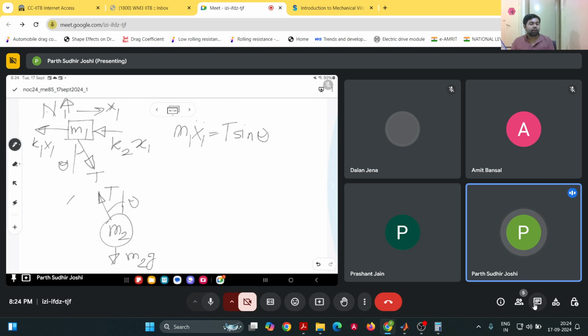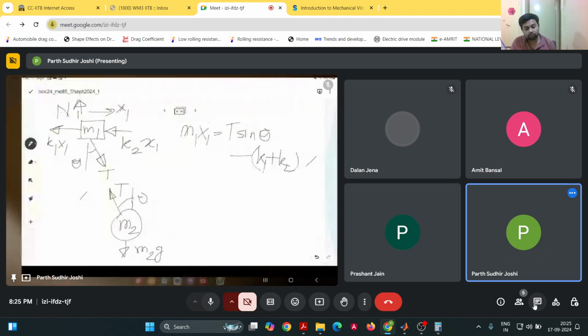But we are bothered only about the motion along the x1 direction, so we will only write down the equation of motion along that direction. The component of the tension T acting along x1 will be T sin theta, right? And the rest of the spring forces, so K1 plus K2 into x1.